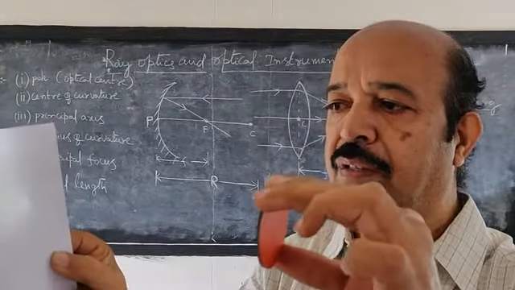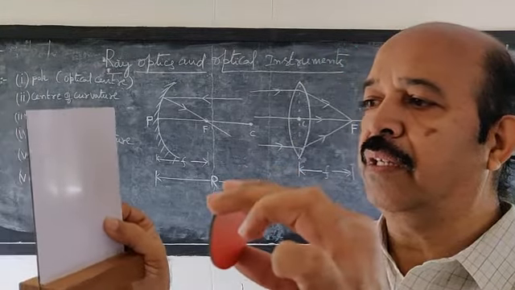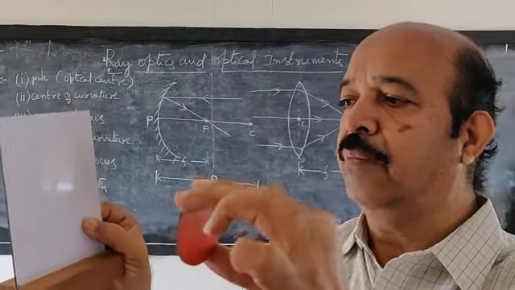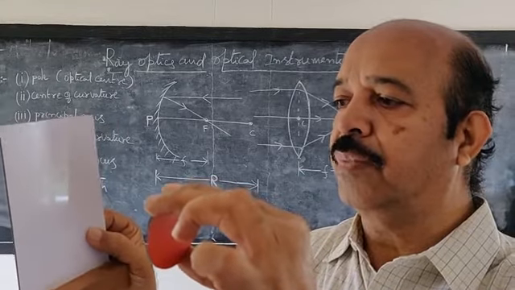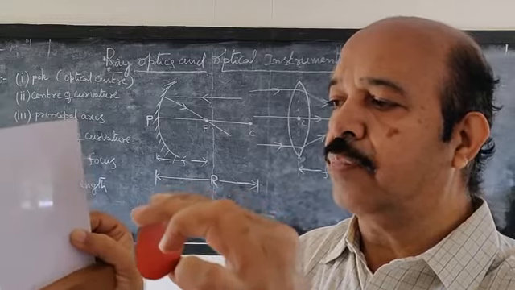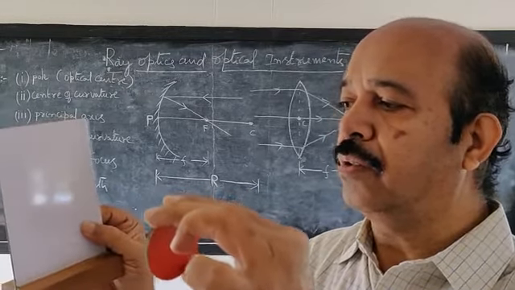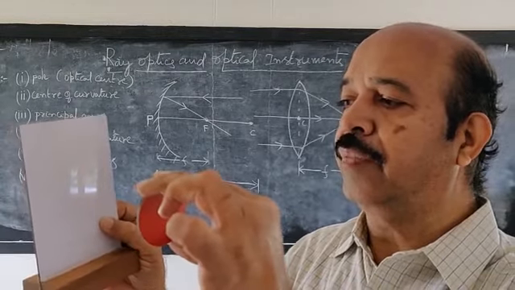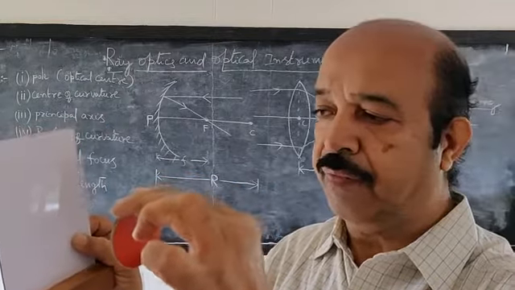This is called the distant object method, and you can see the image of a distant object, say some tree or something like that. So here you are getting it. This is by reflection.